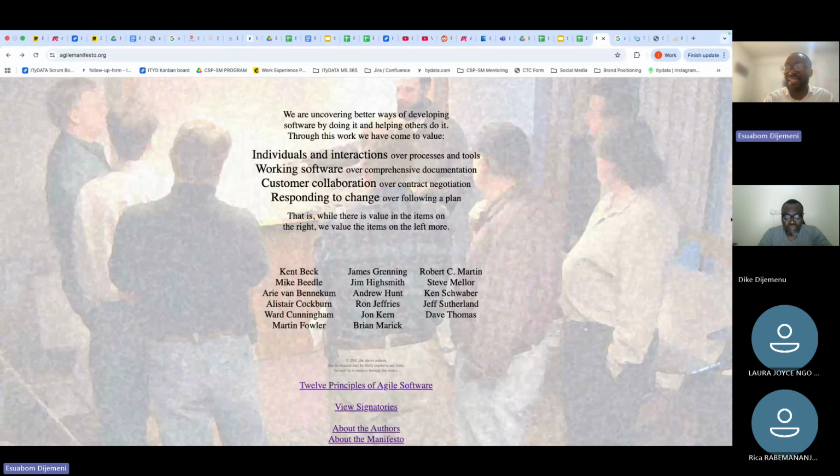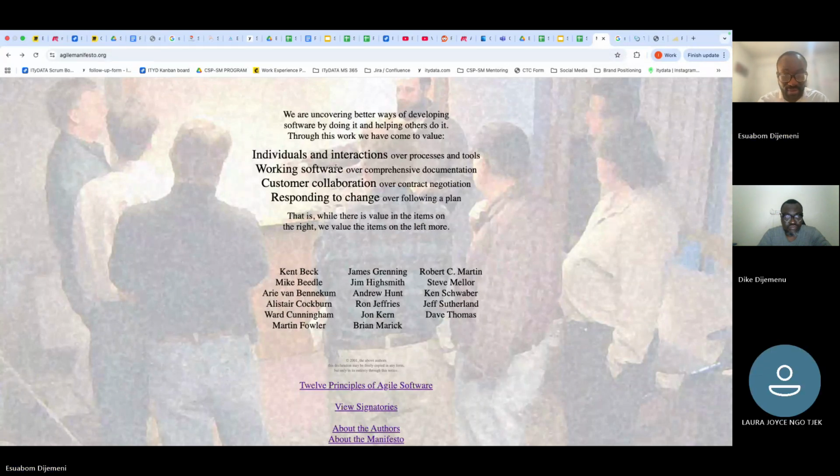So you can say this is left versus right prioritization, but item number one is not more important than item number two. They are all equally important. That's how I interpreted the prioritization.